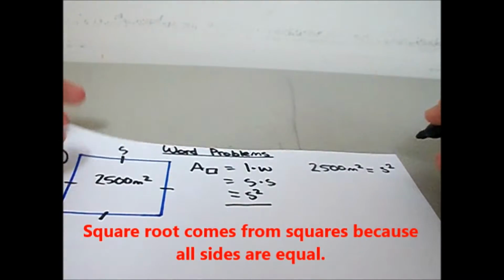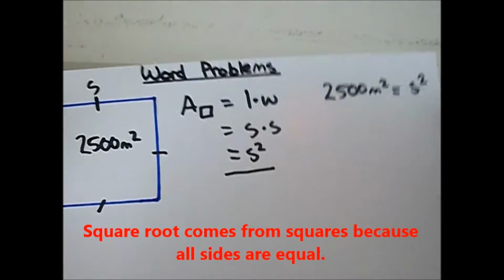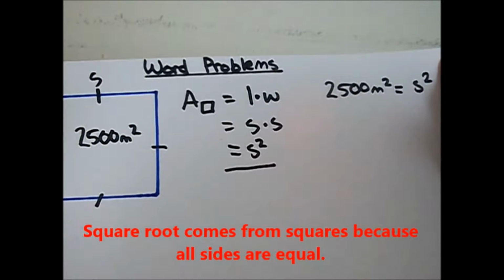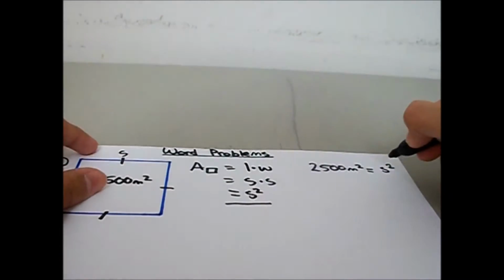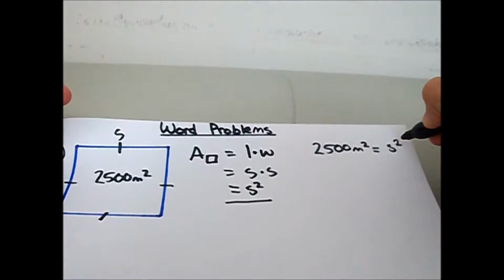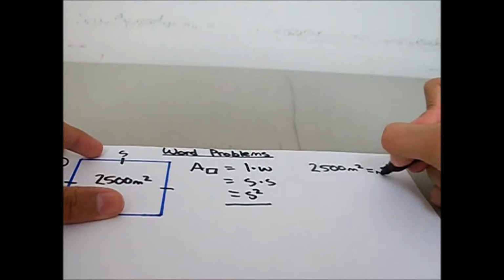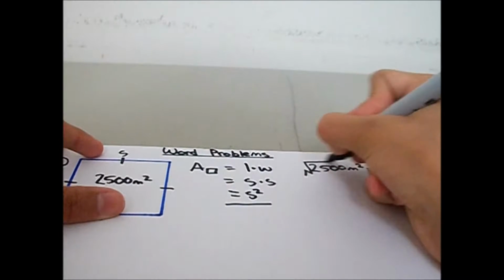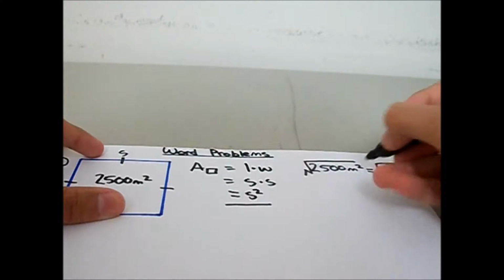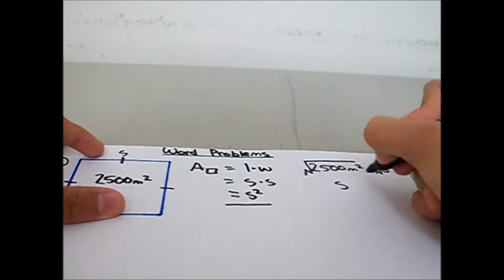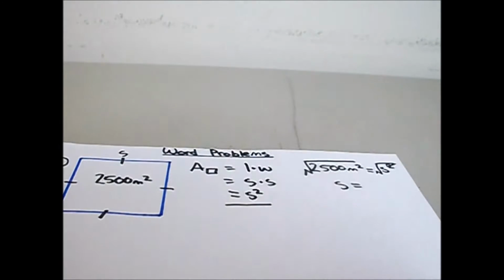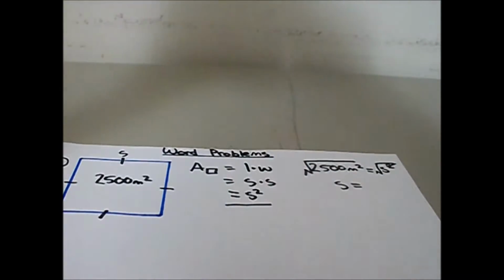Now to find the length of one side, or s, I can simply square root both sides of the equation to get rid of the exponent of 2. The exponent of 2 is gone, and we are left with s equals the square root of 2,500.